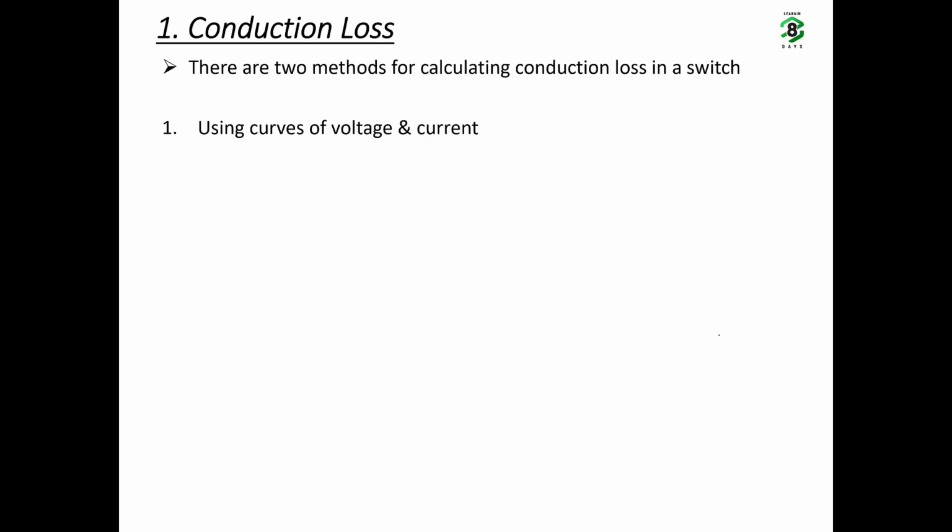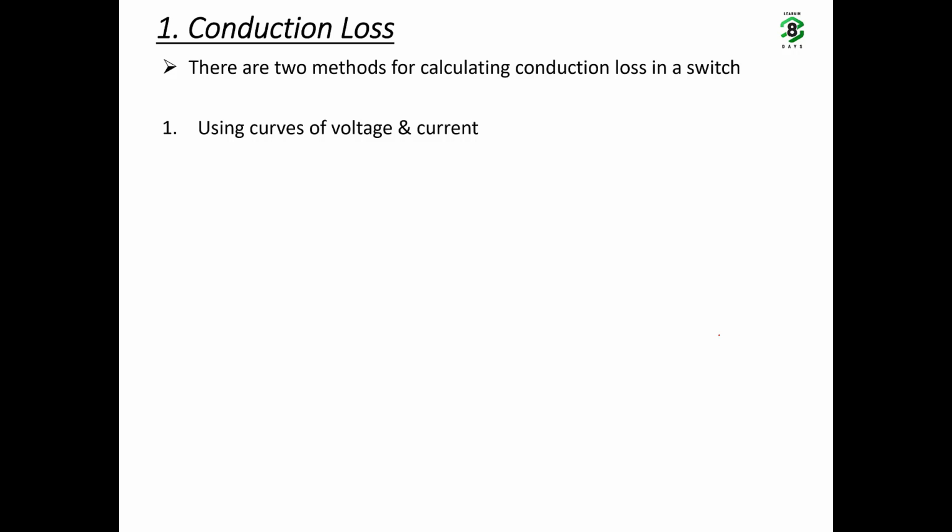So first one is the conduction loss. How do we calculate the conduction loss? There are two methods for calculating the conduction loss in a switch. First method is curves of voltage and current. Suppose we have been provided the curves of the voltage as well as the current during its on state.